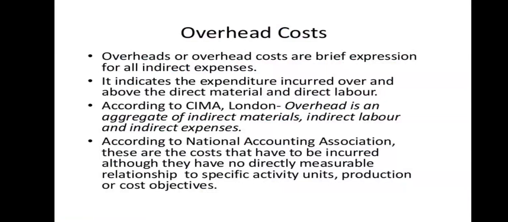According to CIMA London, Cost and Management Accounting London, overhead is an aggregate of indirect material, indirect labor and indirect expenses. So overhead is an aggregate, meaning the total of indirect materials, indirect labor and indirect expenses.